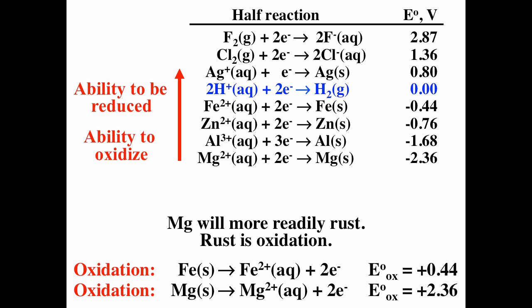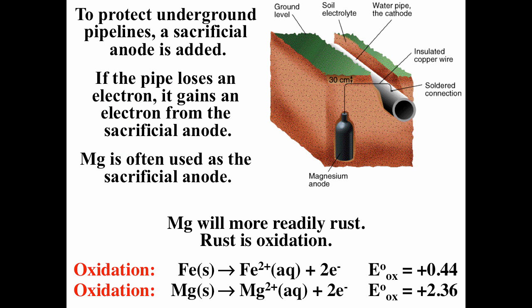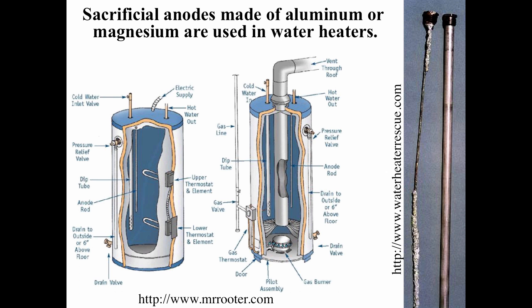And this actually has fairly important consequences. If you're going to have an iron tube, an iron pipe, often what happens is you put a magnesium slug in electrical contact, and that way the magnesium will actually corrode before your iron pipe. It's also done in hot water heaters.